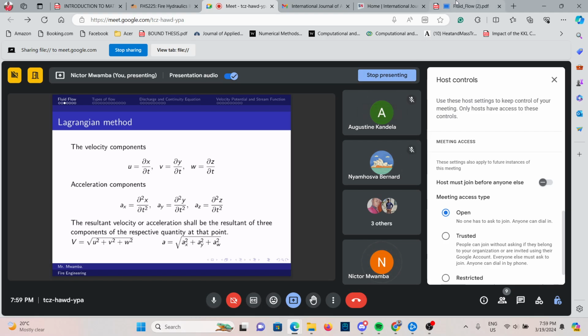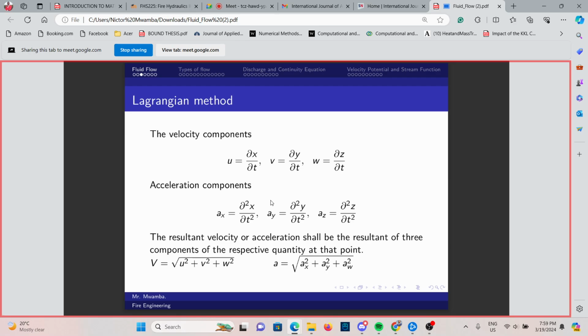Okay. So now let me explain these symbols here. This lowercase delta here means the change along the x.